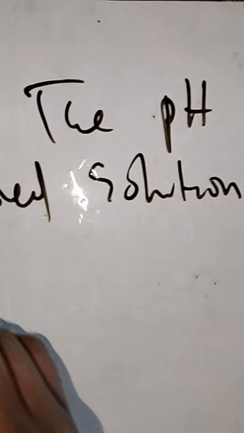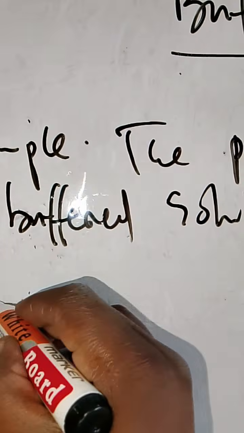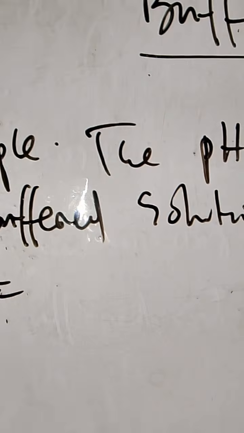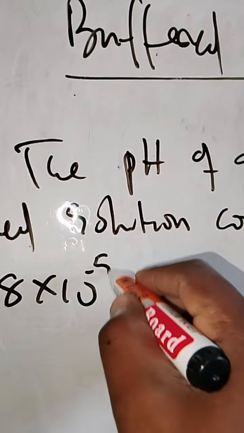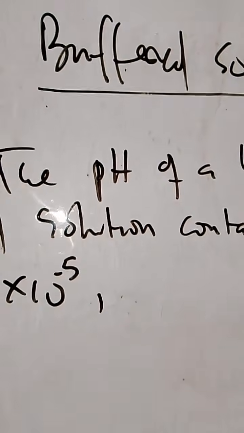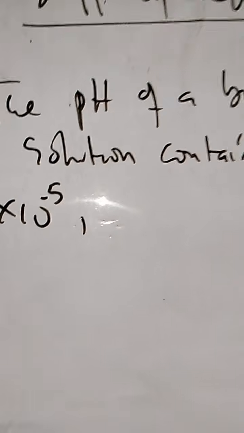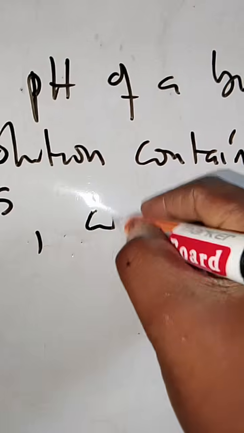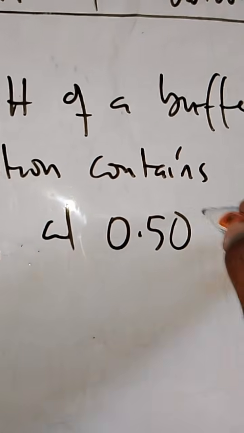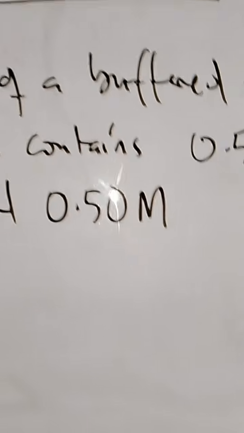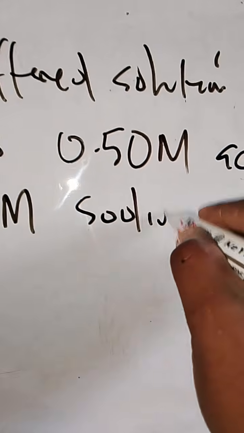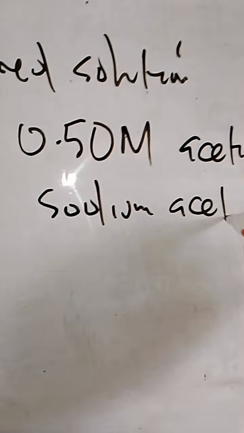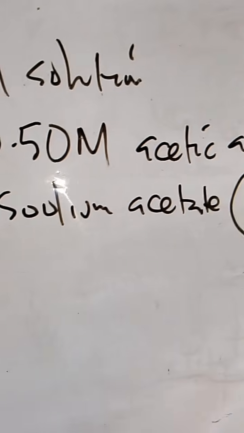Then the Ka for acetic acid, Ka is equal to 1.8 times 10 to the power negative 5, and 0.05 molar sodium acetate. Sodium acetate, that is the salt.